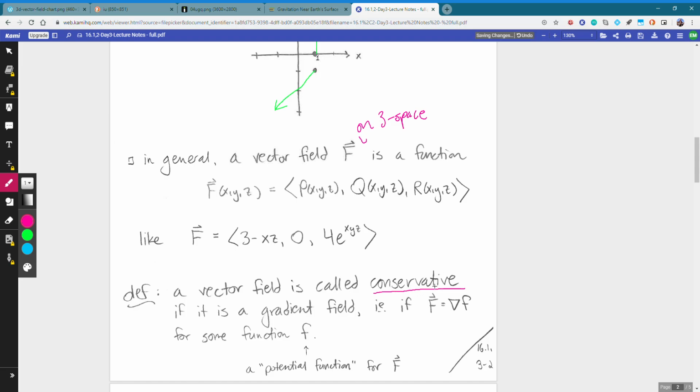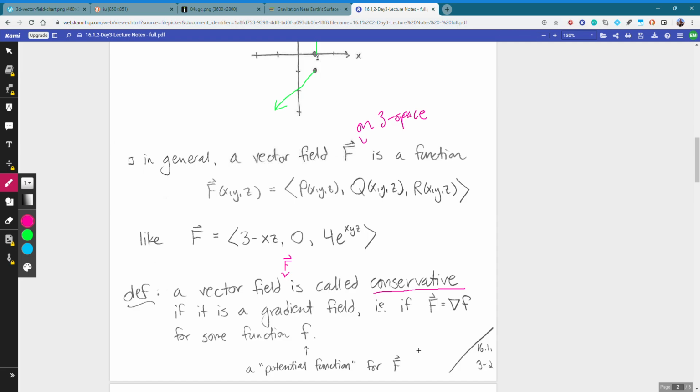So we say that a vector field is called conservative if it is a gradient field. In other words, our vector field F is conservative if there's some scalar function f whose gradient field is the one we're talking about. And in that case, this little function f is called a potential function for our vector field.